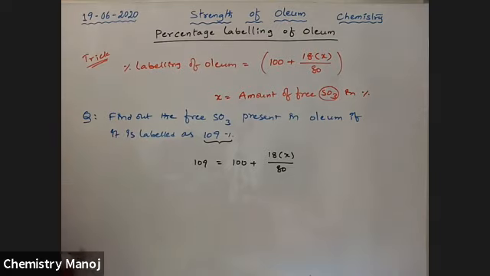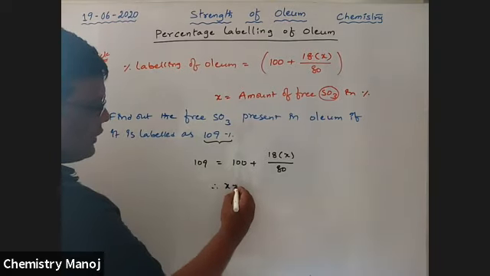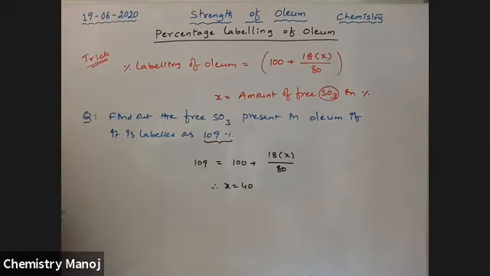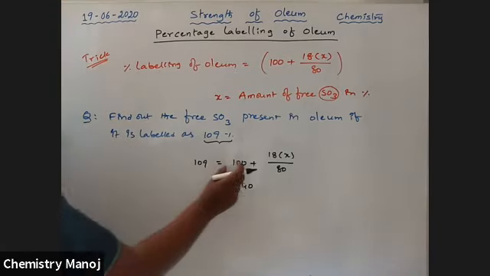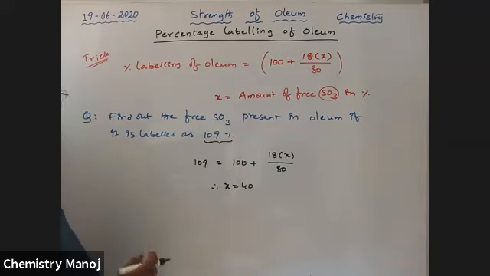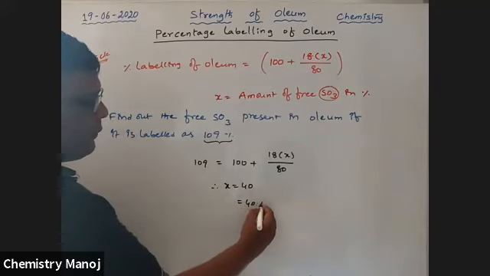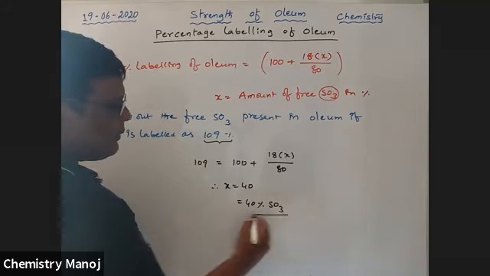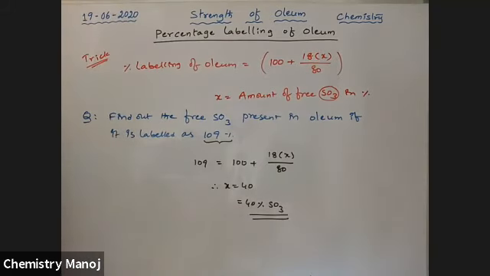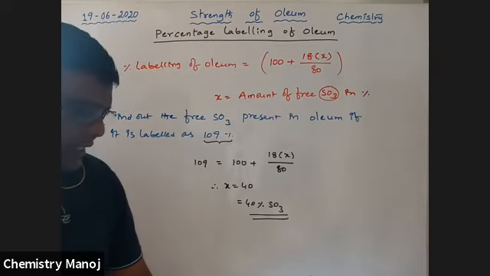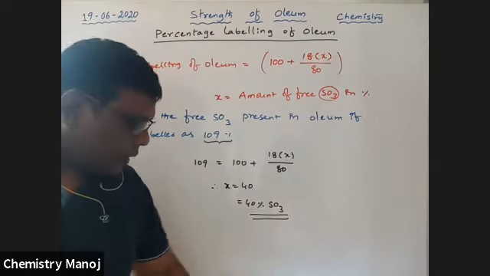Therefore x is equal to 40. So 100 grams of oleum contains 40 grams of SO3. That implies 40% SO3 exists.